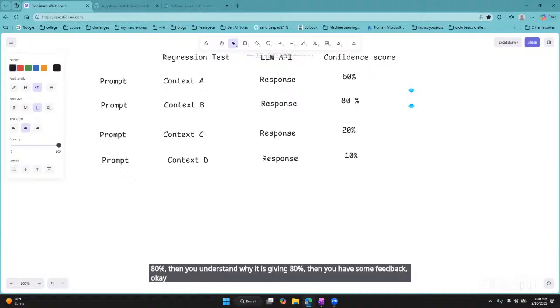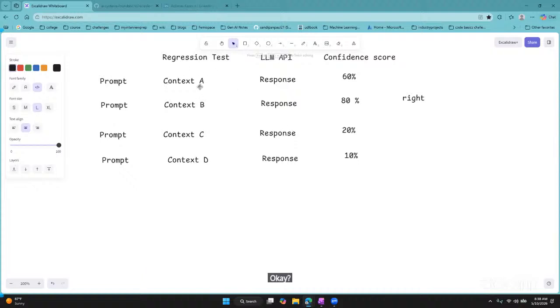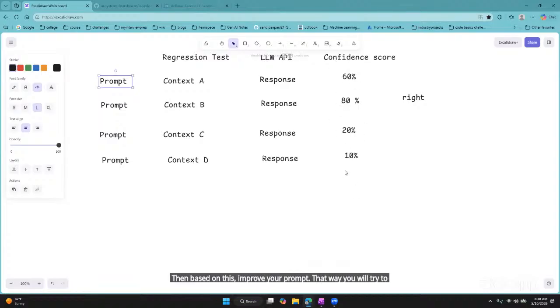If you agree with this, then understand how to achieve a good context to achieve a good score. Then based on this, improve your prompt. That way you will improve your confidence score, and you will at least achieve a good score for all the responses.